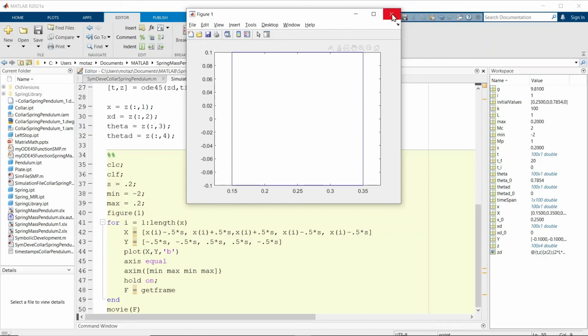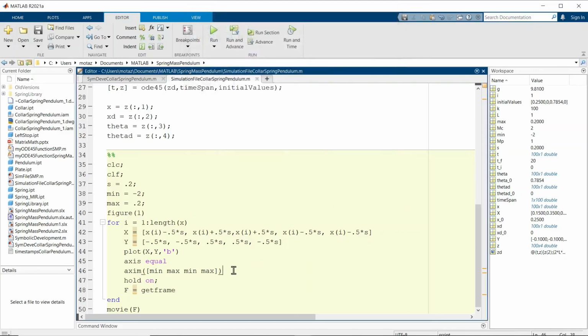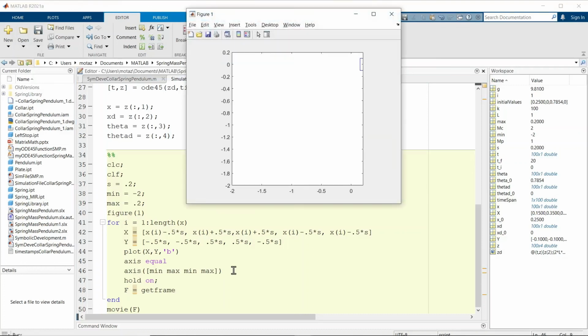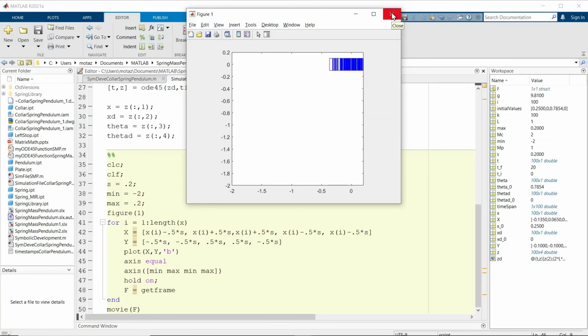Why is it doing that? Maybe I need a hold off statement or something. Axis. Oh, okay, I'll need the hold off statement. Min max, min max.